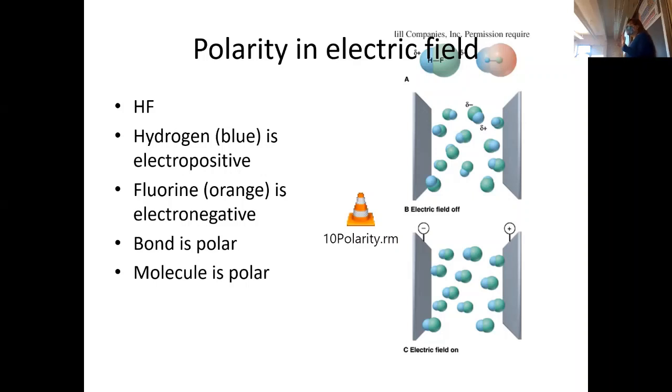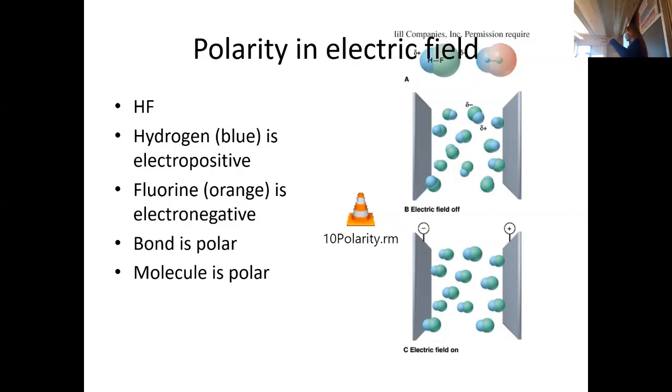Okay, so in looking at this picture, we've got the electric field off where it says B. That's our upper picture with the gray panels on the side. And you'll notice that these molecules are just kind of pointed in every direction. But if I turn on the electric field, then the panel on the right becomes positively charged and the panel on the left becomes negatively charged.